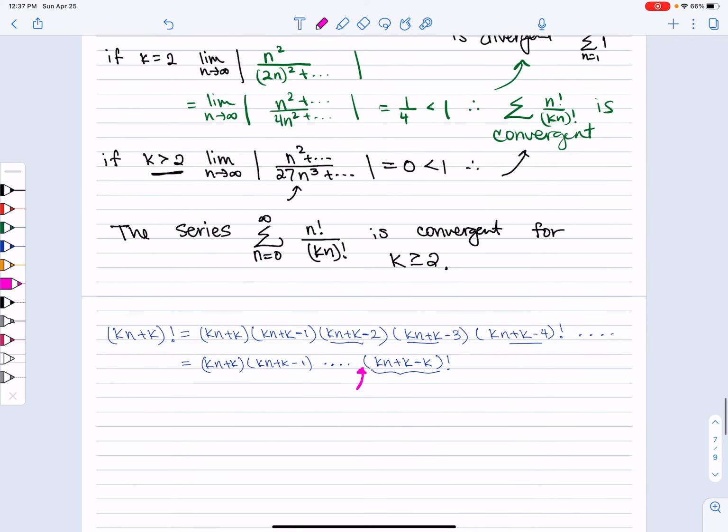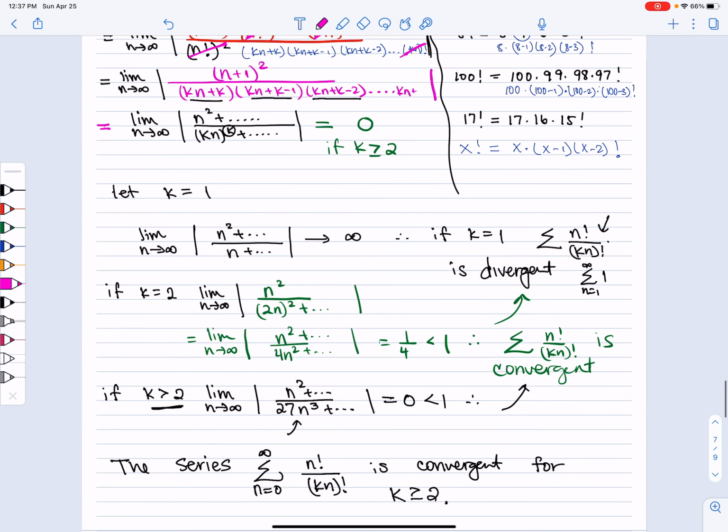So remember we have kn plus k minus k. So right before this, we are going to have kn plus k minus k plus 1. The previous term is that. And when you simplify, that just gives you kn plus 1.